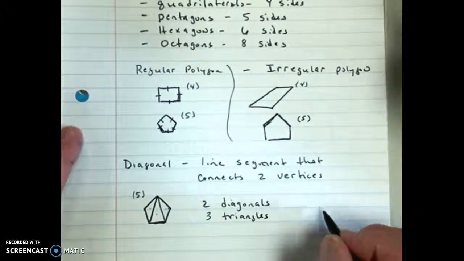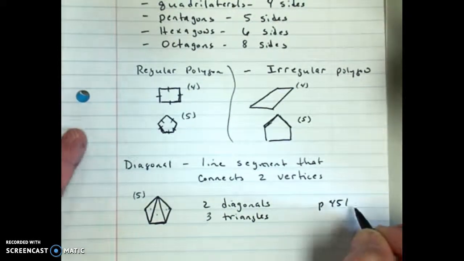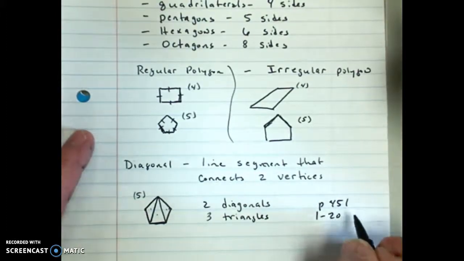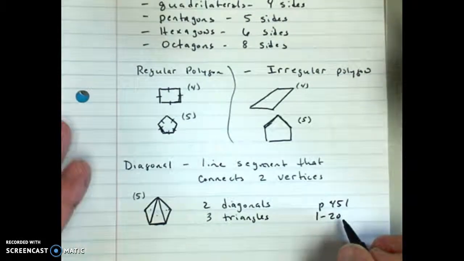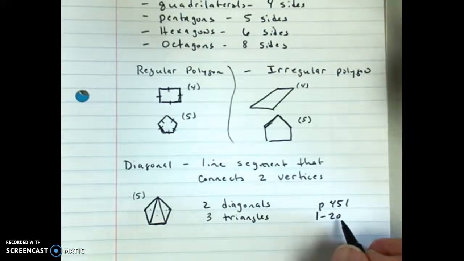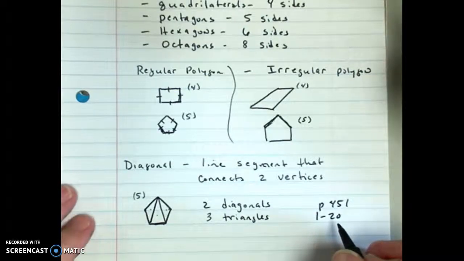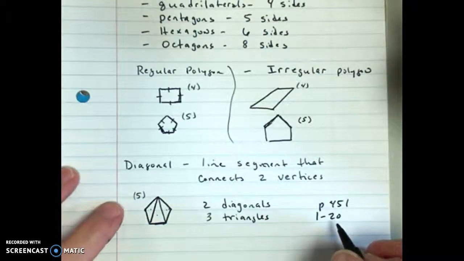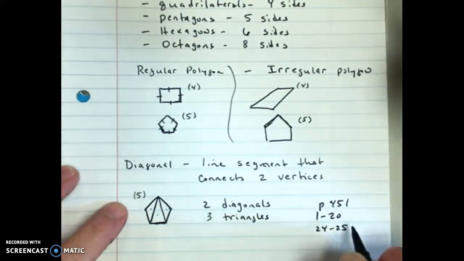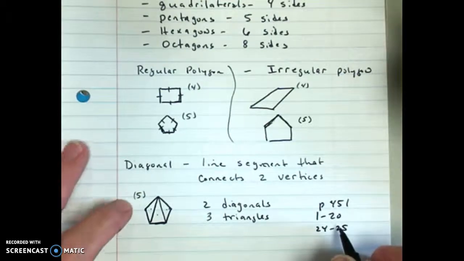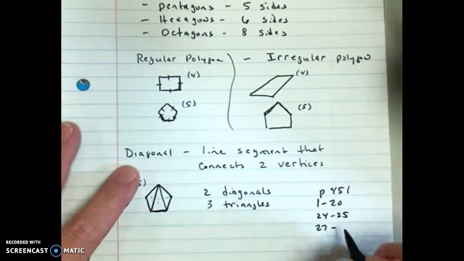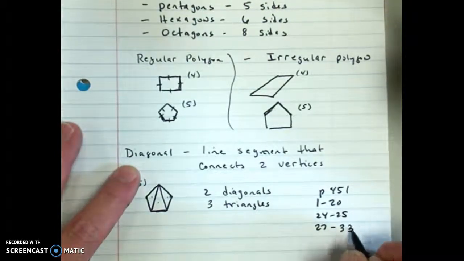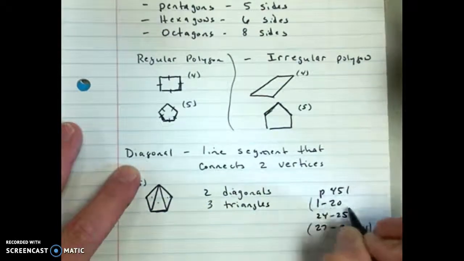All right, so let's begin our assignment. We're going to turn to page 451, and you're going to be doing 1 through 20, then 24 and 25, and numbers 27 through 33, all.